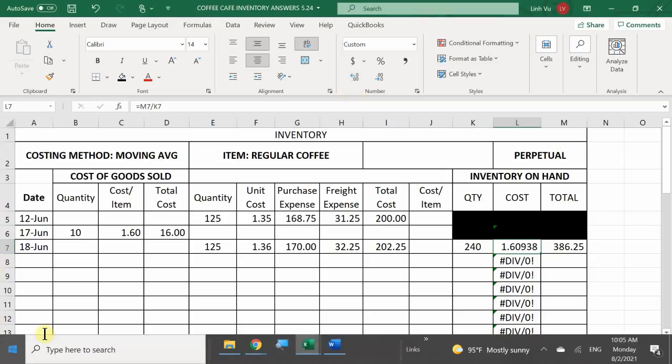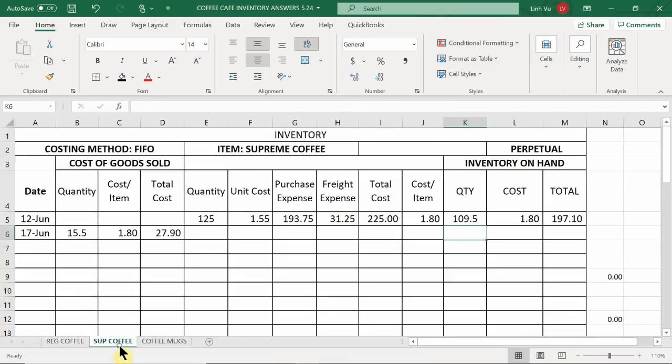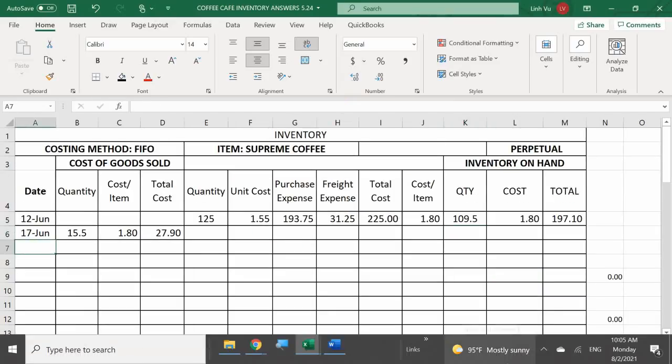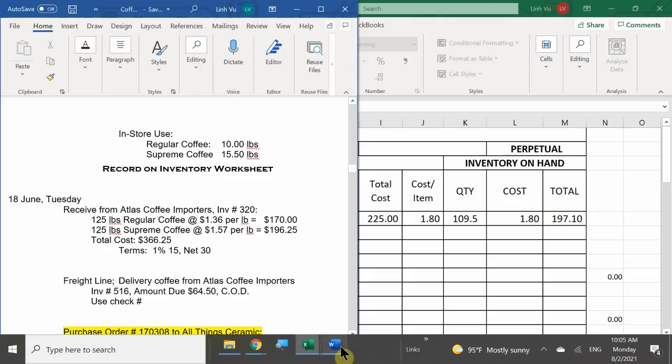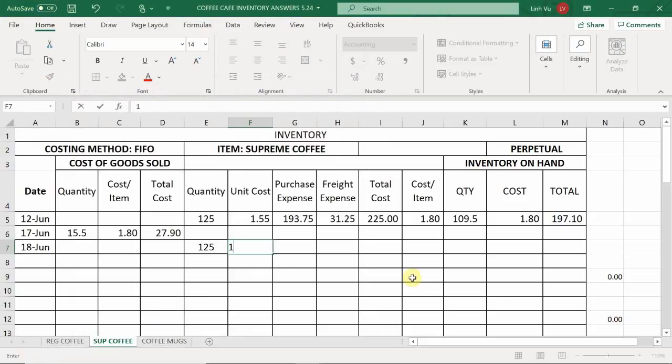So then now we need to update our Supreme coffee. Okay. Same thing here, 718. We purchased 125 pounds at $1.57.